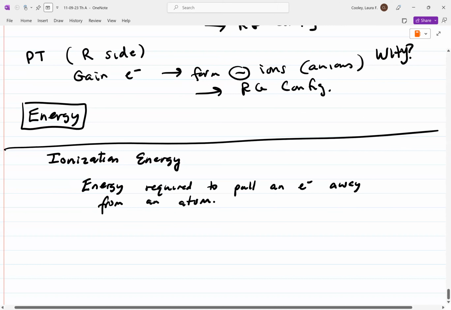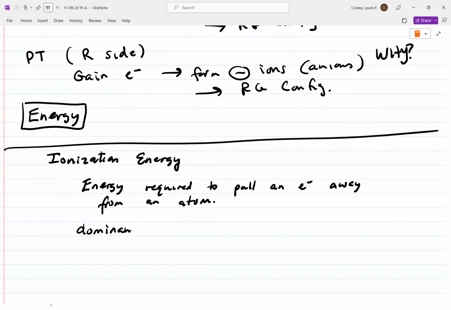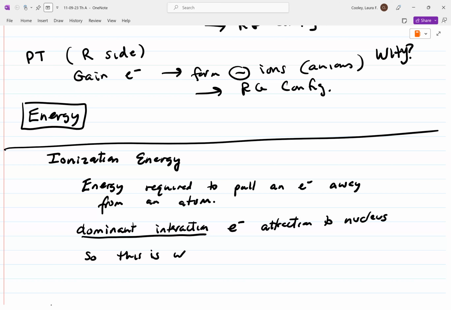Even though there are other electrons around which repel a given electron, the dominant force is the force of attraction of that electron to the nucleus. So I'm going to say the dominant interaction is the electron attraction to the nucleus. This is why it requires energy to break that attraction, to pull an electron away.